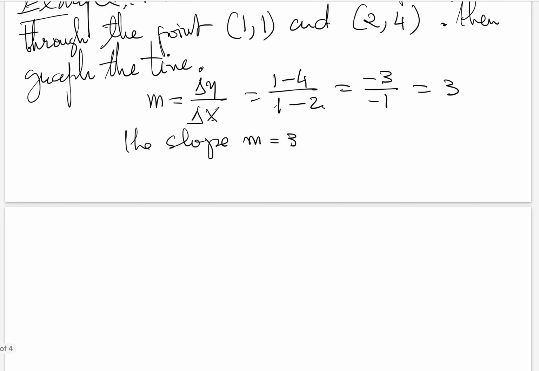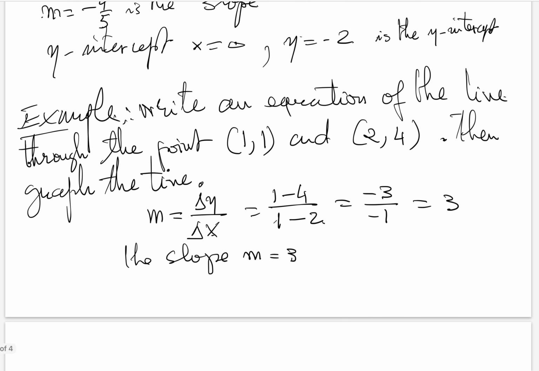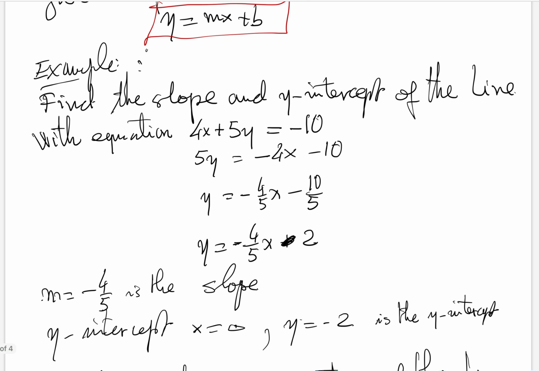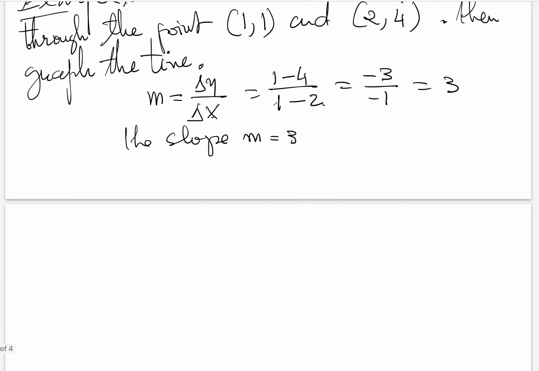That's it. Now, they ask you to write down the equation. The equation with slope and y-intercept is y is equal to mx plus b. Got it? So since I know m, y is equal to 3x plus b. Now I have to find the b. How do I find the b? You can choose either point, either one. Either one will work.